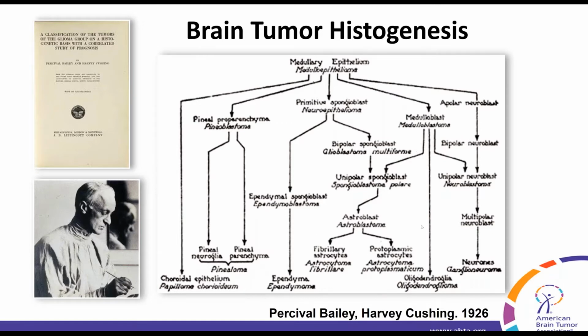So this is a classification that started based on looking at tissues, tumor tissues, under the microscope and making classifications of glioblastoma, astrocytoma, oligodendroglioma, and some of the more common tumors like medulloblastoma of childhood as well.